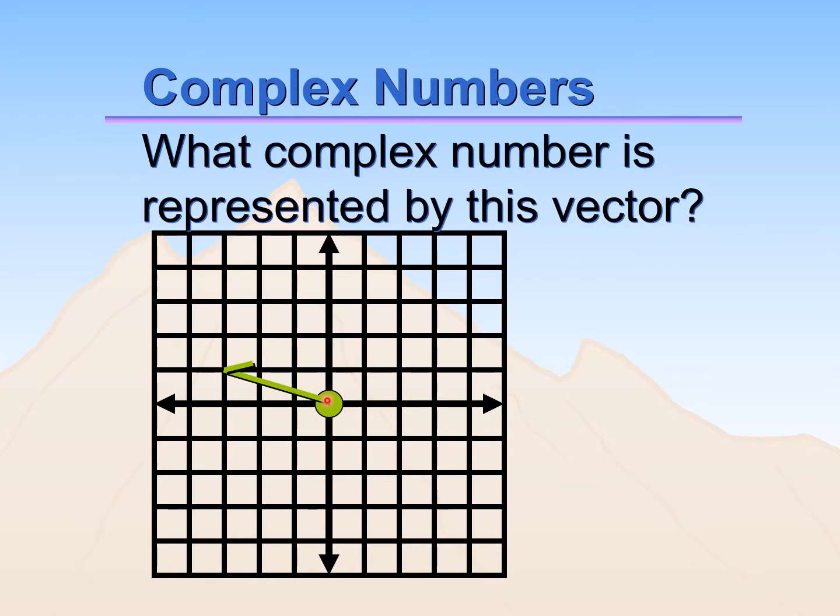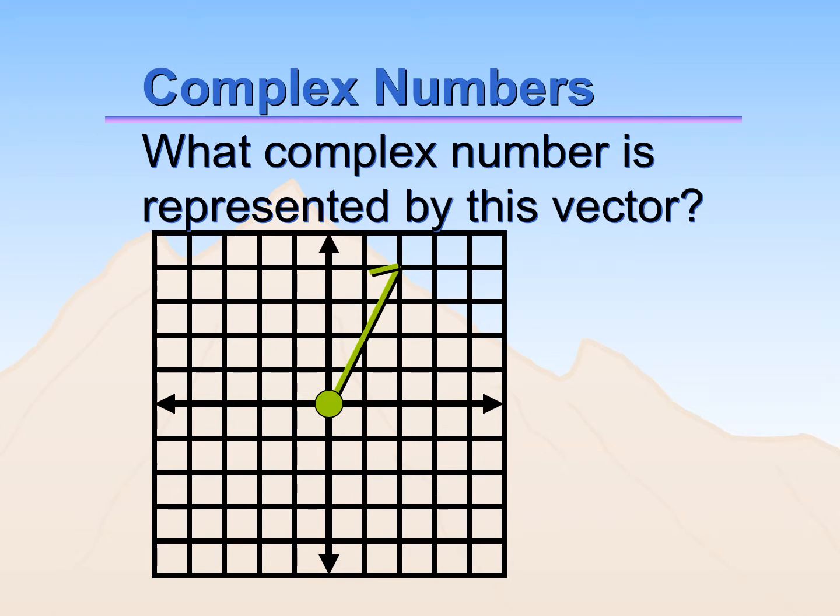So from the initial point, it went horizontally 1, 2, 3 to the left. So that means the first part of the complex number is negative 3. And then it goes up 1, which means that the imaginary part is plus 1i, or plus i. So we would write our complex number as negative 3 plus i.